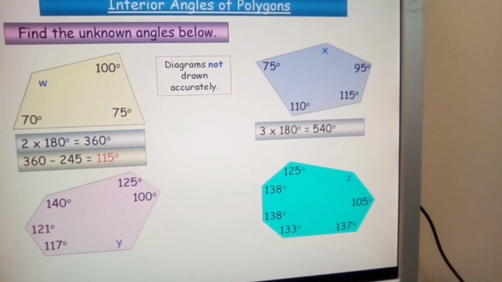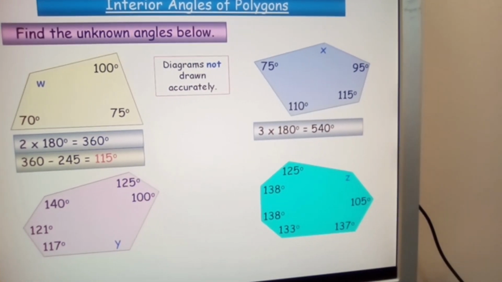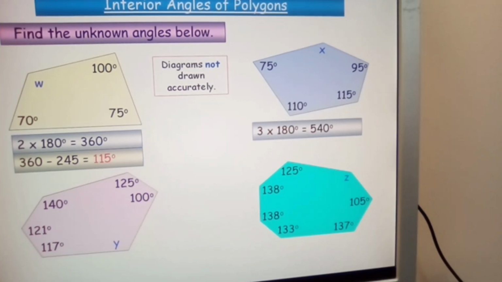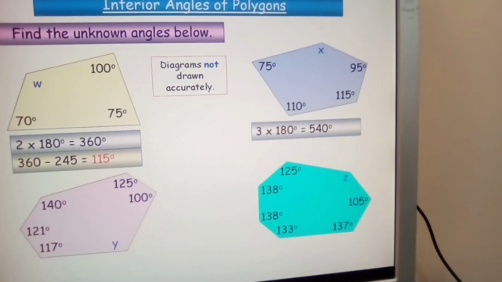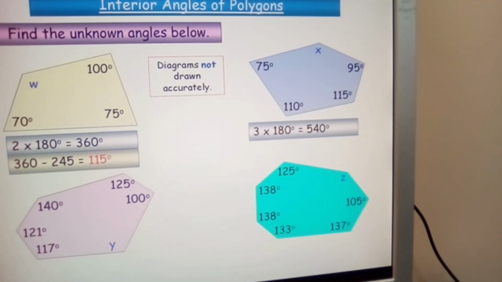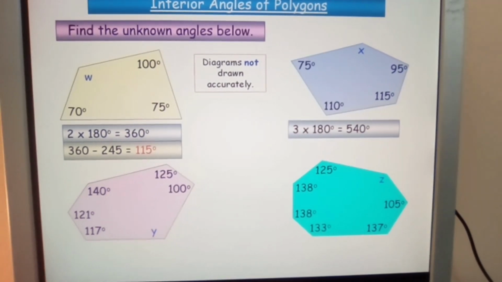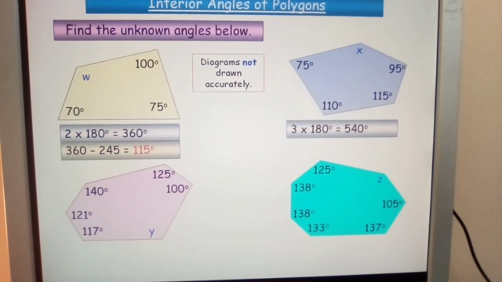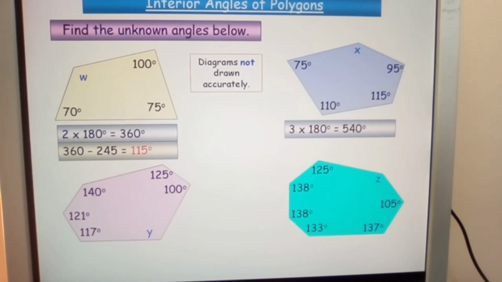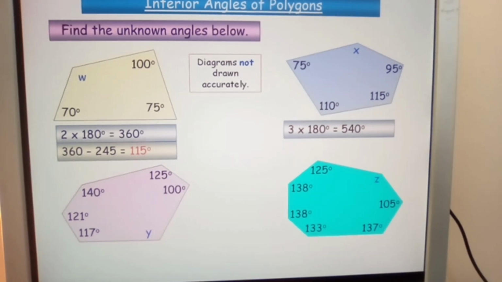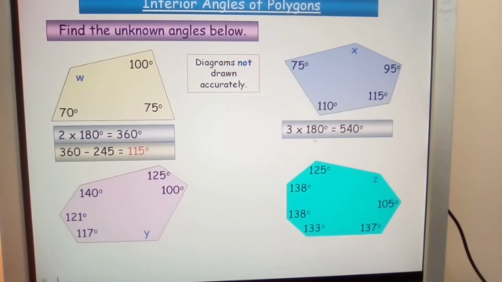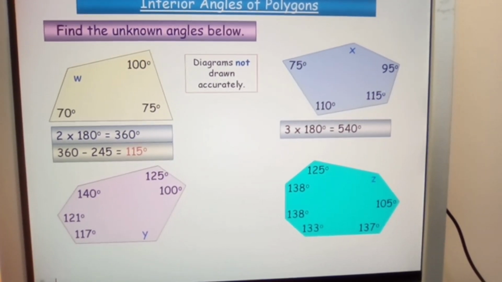Next one. Three times 180 equals 540. We add those up.